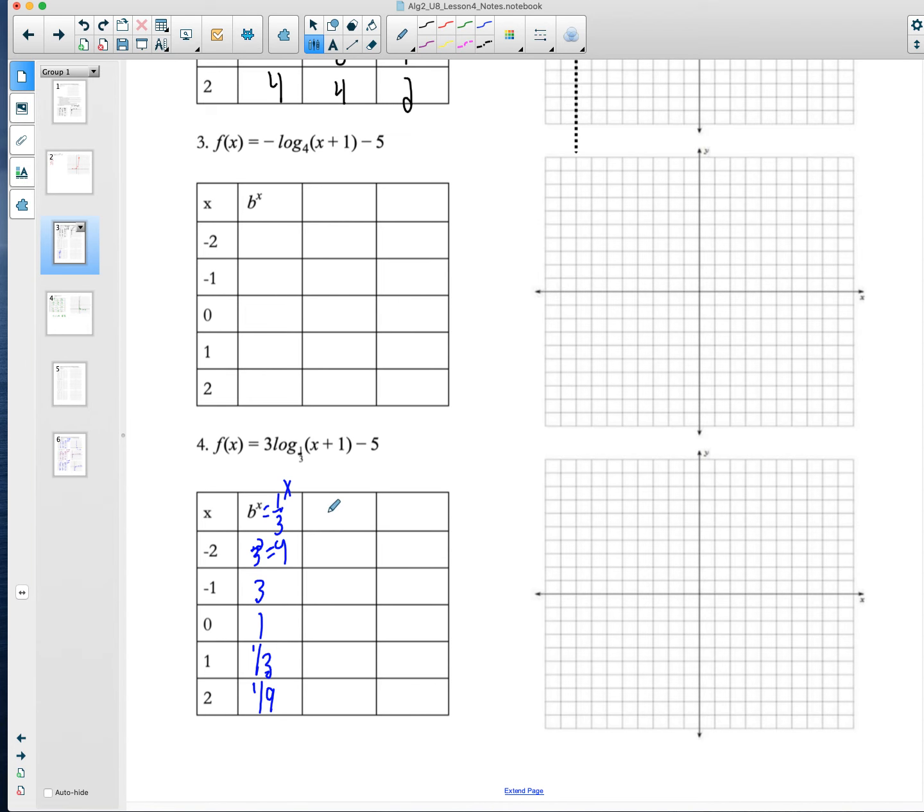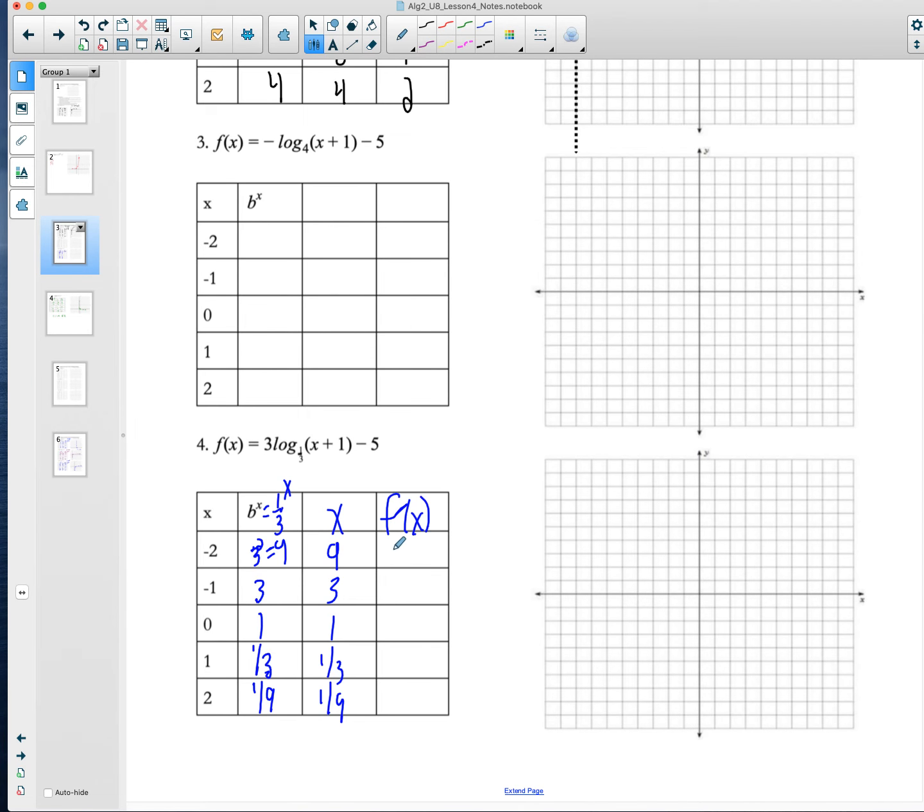And then once again, once we have this locked in, we really have most of the problem beat, because now we know I can just flip my domain and my range. So now I'm going to get 9, 3, 1, 1/3, and 1/9.